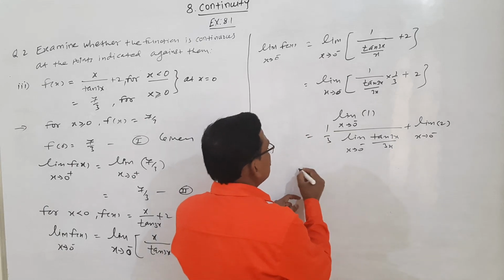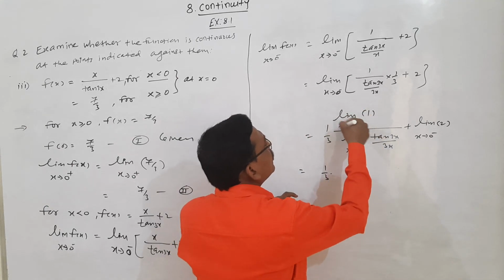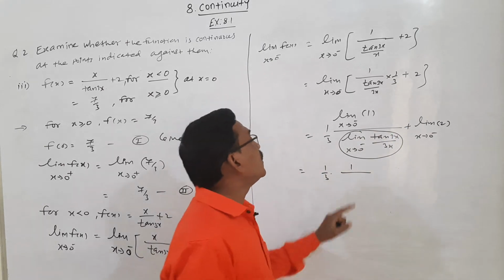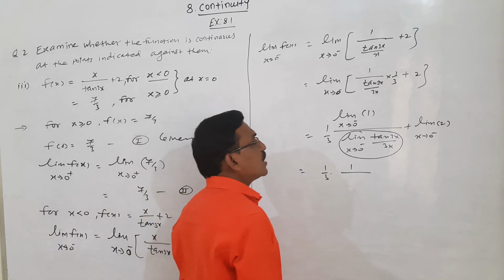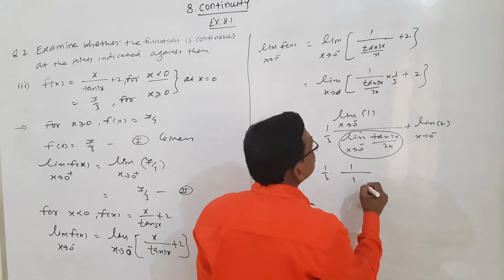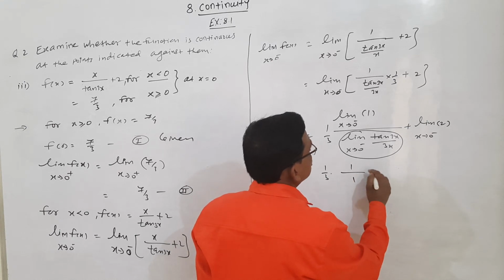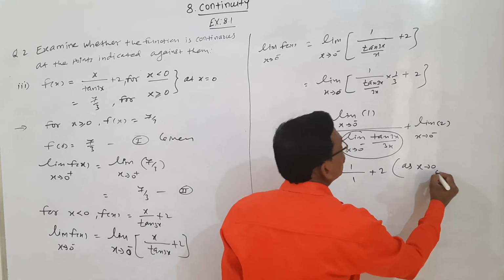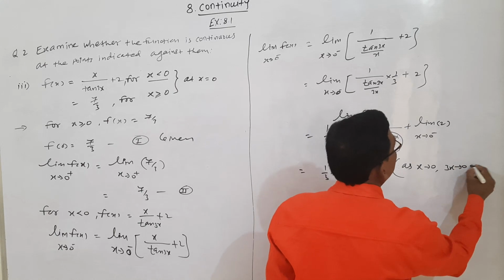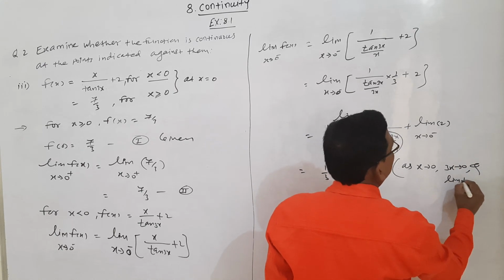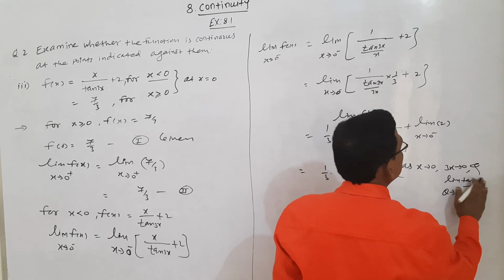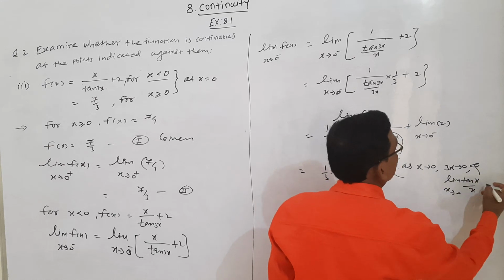So it is 1 by 3 into the limit. The limit of a constant is constant, and actually this is our formula: the limit of tan theta upon theta as theta tends to 0 is 1. As x tends to 0, 3x tends to 0, and the limit of tan theta upon theta as theta tends to 0, or tan x upon x, you may write, is equal to 1.